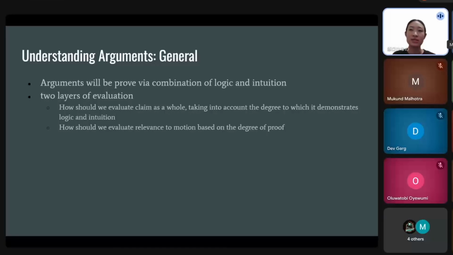So not only evaluating the argument itself, but also the consequence of how it interacts with the win or loss, or with affirming or negating the motion. These are the two layers of evaluation we need to consider when judging the argument.